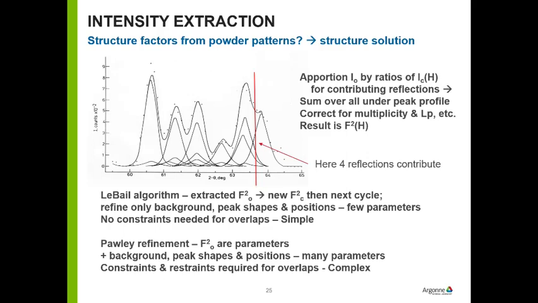Okay? And there are 2 algorithms that work not knowing what the crystal structure is. One is a Pawley refinement, in which the values of the structure factors are parameters. This, by the way, then runs into trouble because there are lots of places where reflection intensities exactly overlap.